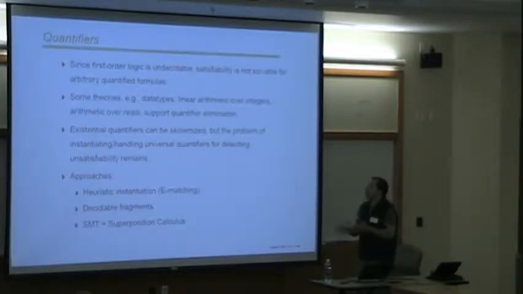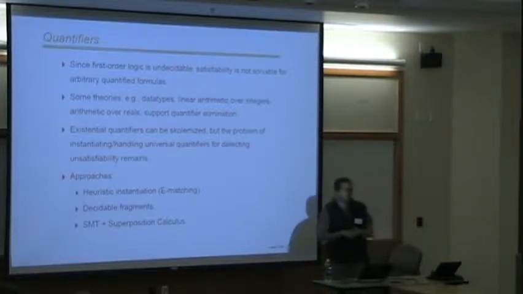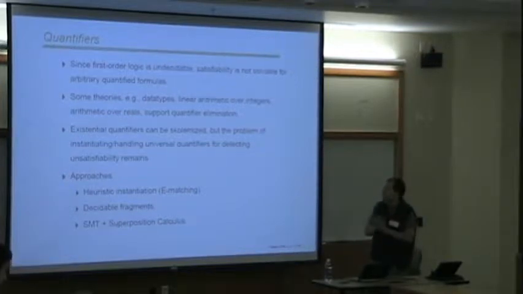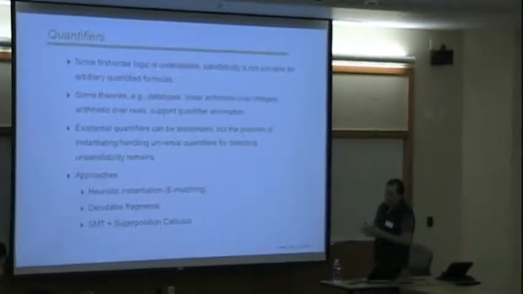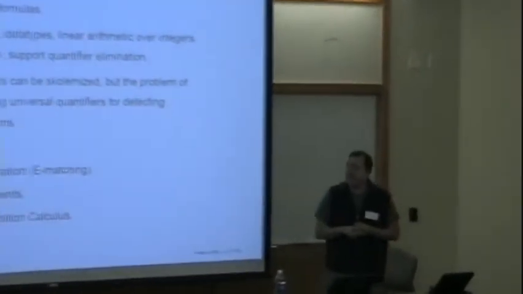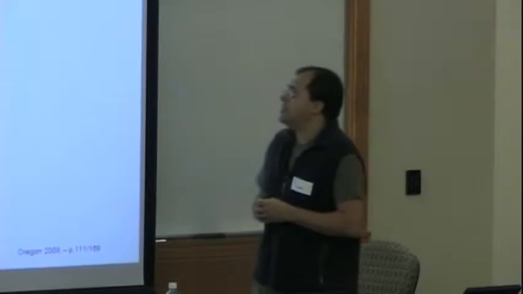When you have quantifiers, the problem is more complicated because first order logic is undecidable, right? In principle, if you have an arbitrary formula, you may not be able to solve it. But for some theories, suppose you have just linear arithmetic, you can eliminate these quantifiers. There are quantifier elimination procedures for linear arithmetic and for data types.